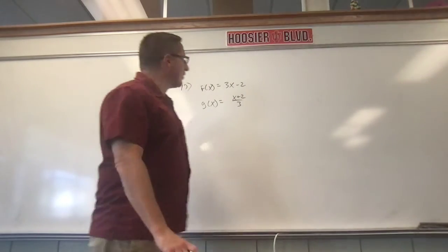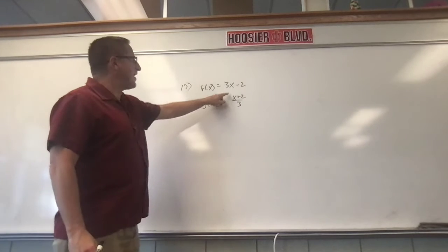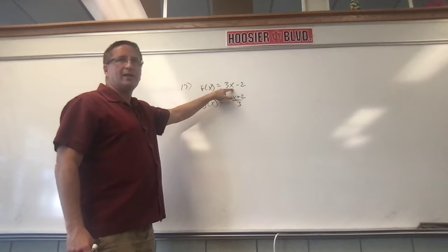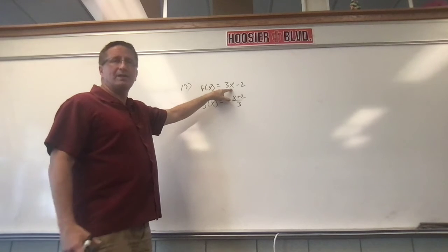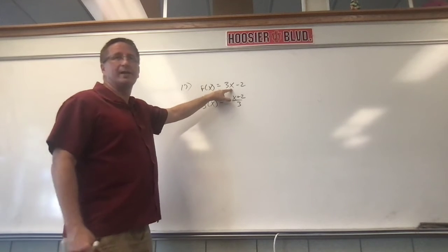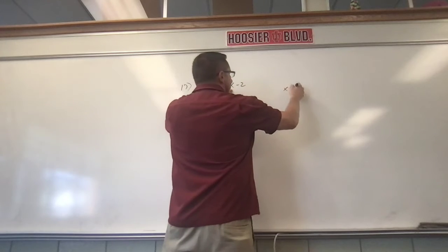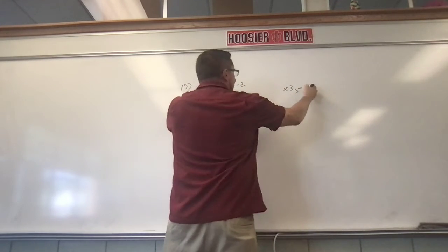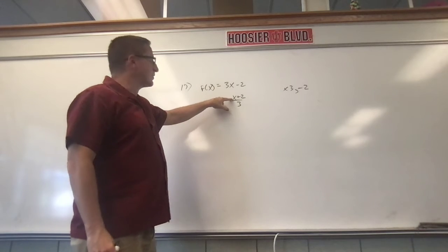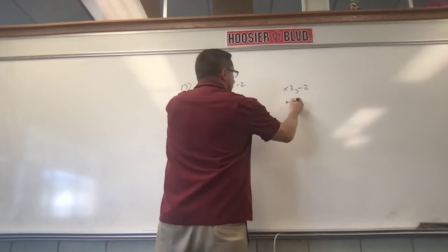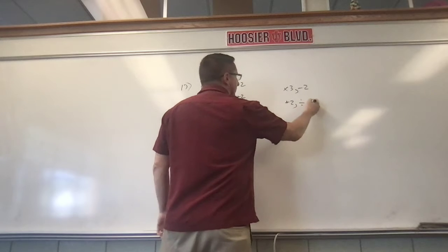So, for example, these are inverses because if I give you a number for x, say x is 5, the first thing you do is times by 3, and then you minus 2. For the other function, the first thing you do is add 2, and then divide by 3.